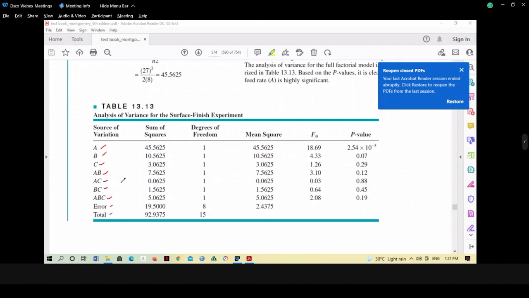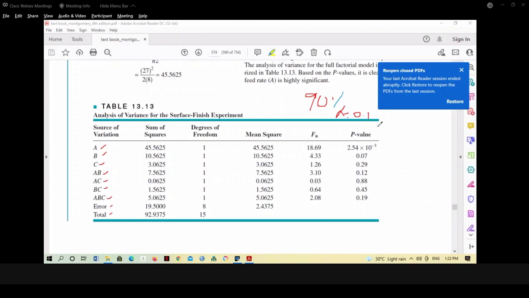Remember, for the analysis, assuming alpha equals 0.1, that means a 90% confidence level.